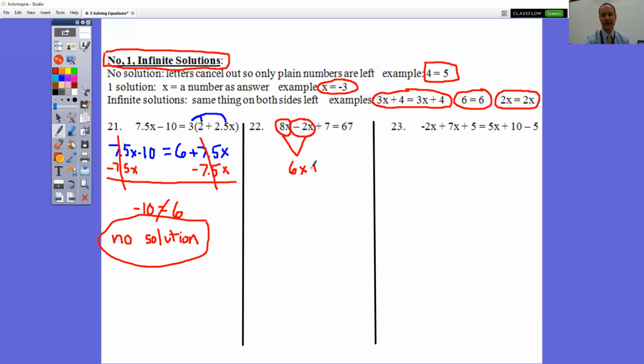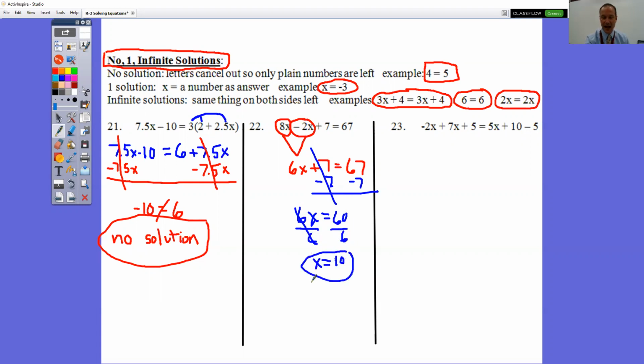Bring down everything else that we didn't use yet: your plus 7, your equal sign, your 67. All that we have here now is a two-step equation. Minus 7, minus 7. So 6x equals 60. Divide by 6, divide by 6, and we get x equals 10.